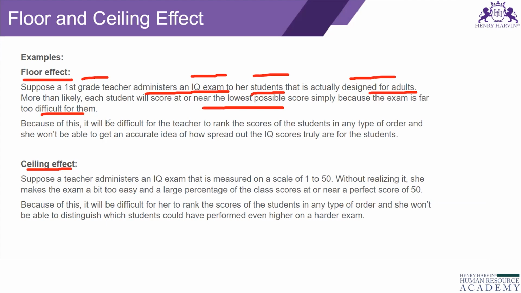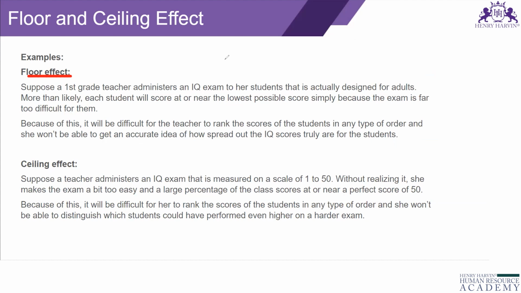Because of this, it will be difficult for the teacher to rank the scores of the students in any type of order. And she won't be able to get an accurate idea of how spread out the IQ scores truly are for the students, obviously, because the test was not designed for them, right? So why floor? Because it's getting down, right? So that's why it's known as floor.